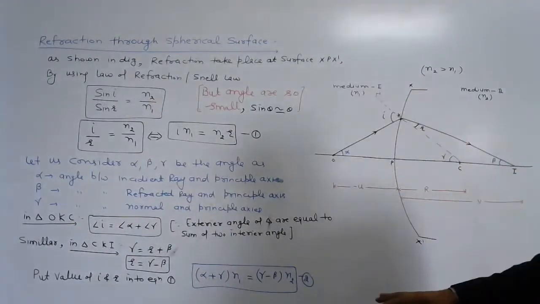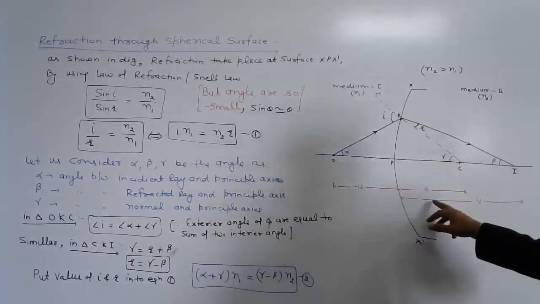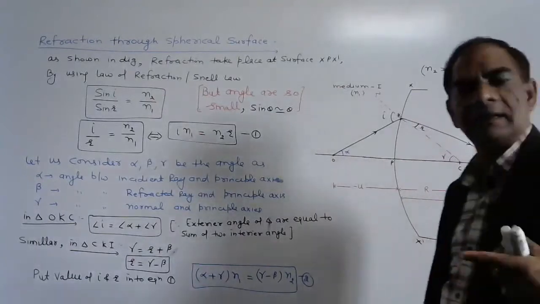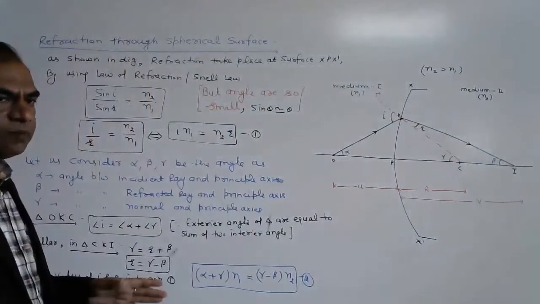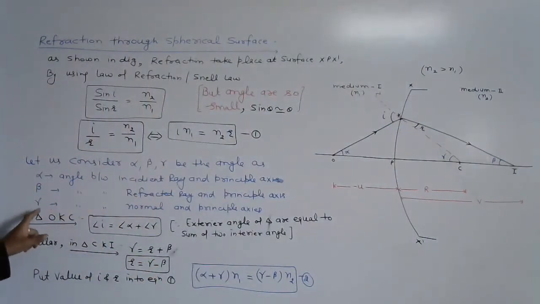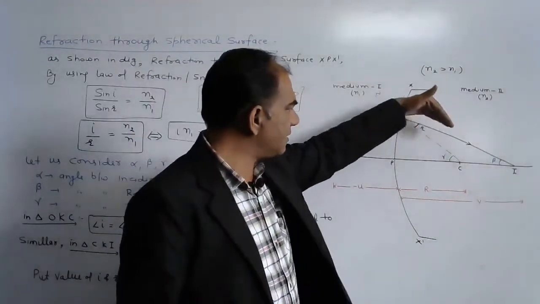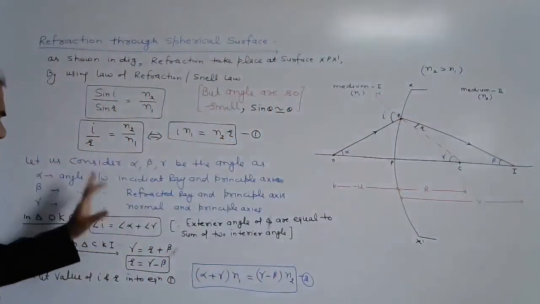Then it is necessary to form the correlation between u, v and R. These angles convert into angles that lie on the principal axis. So we need three parameters, and the three parameters are alpha, beta and gamma. Alpha, beta and gamma are the angles formed by the incident ray, refracted ray and normal with the principal axis. These are the three types of angle.